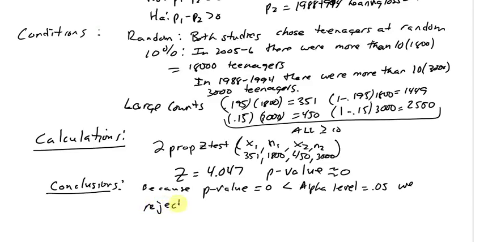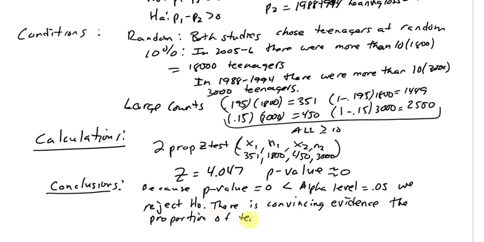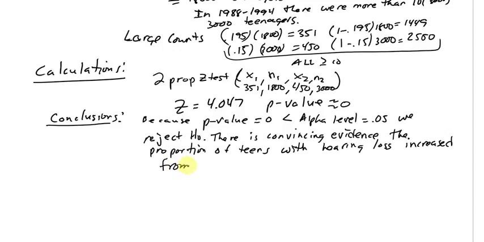There is convincing evidence the proportion of teens with hearing loss increased from 1988 to 94 to 2005 and 6. So that answers question A. We do our hypothesis test.